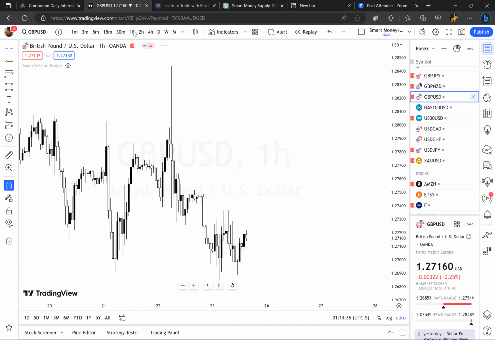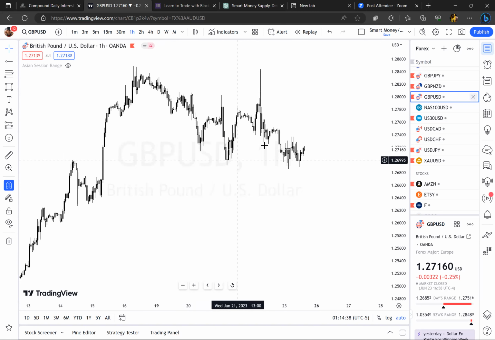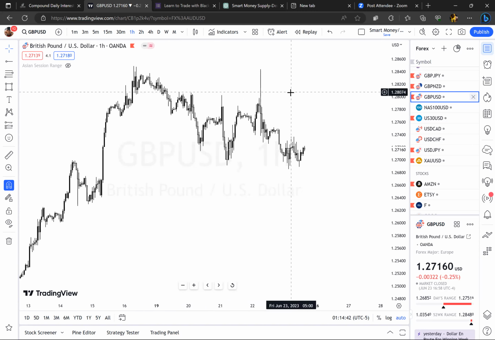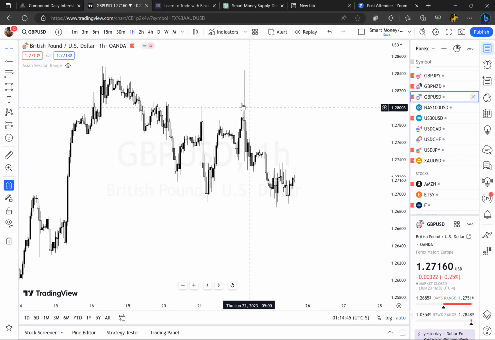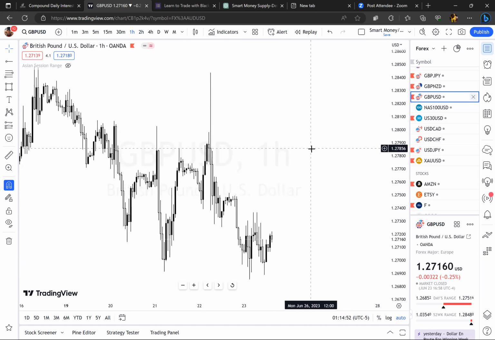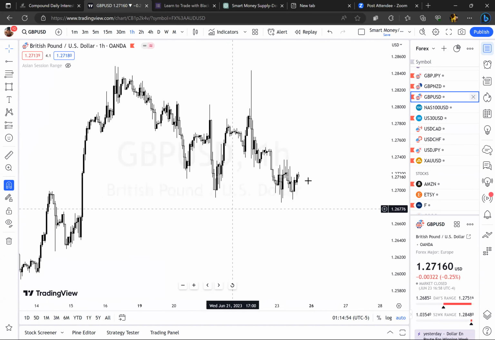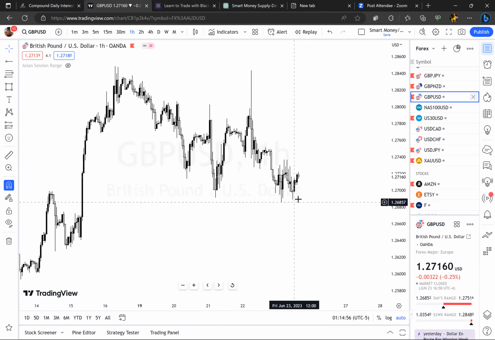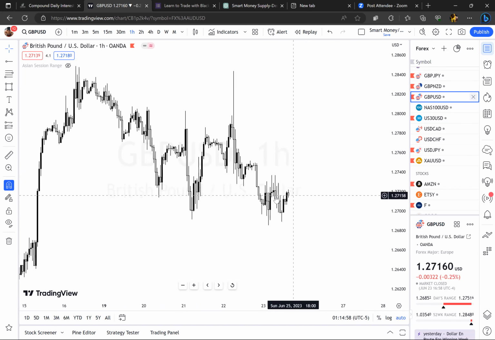Let's go to the 1 hour. Okay, so on the 1 hour time frame, all right, so price is here. Looks like the momentum is kind of slowing.